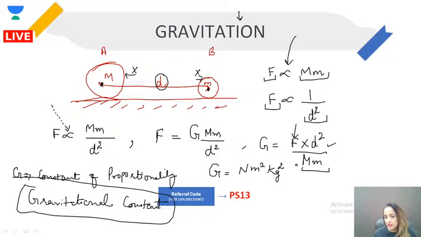So these are the units for your constant of proportionality, which is your universal constant of gravitation. You have to multiply with this number if you want to calculate the force between two objects.